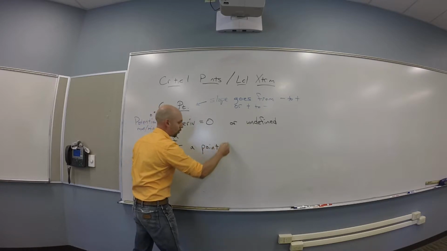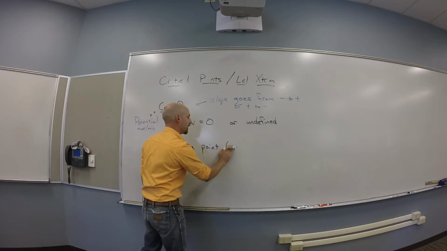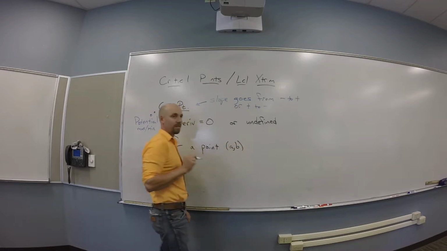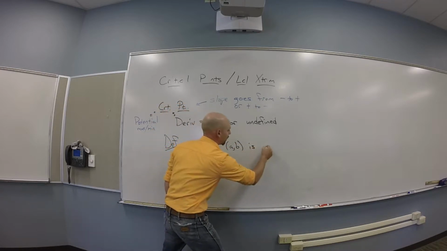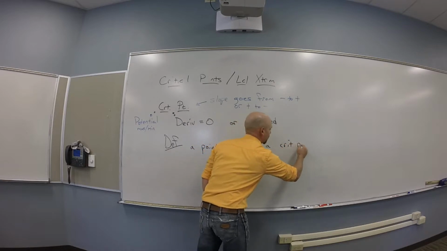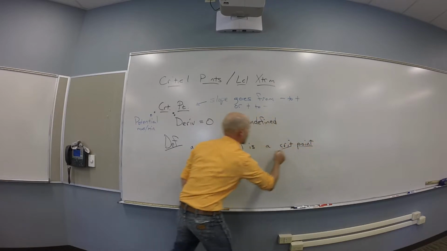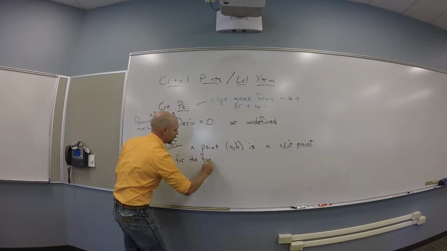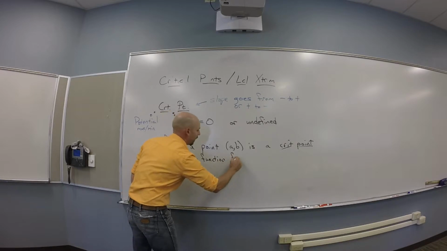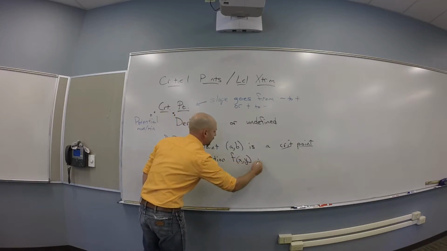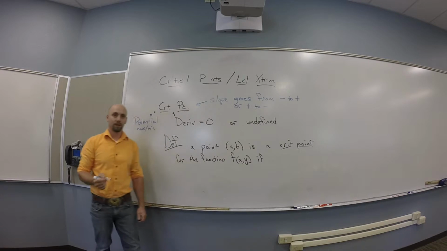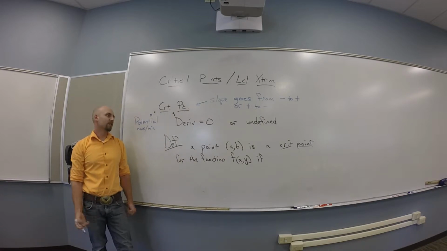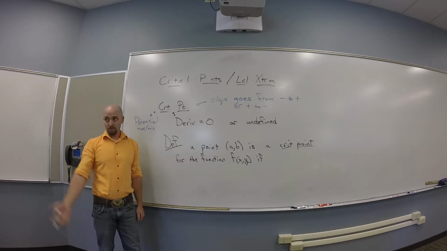So a point, let me say (a, b), is a critical point for the function f of x and y if, what does it mean for the derivative to be 0? What's the derivative? The partial derivative in x and the partial derivative in y. Yeah, it should be kind of the slope of the tangent line. That has something to do with the partials in x and y.